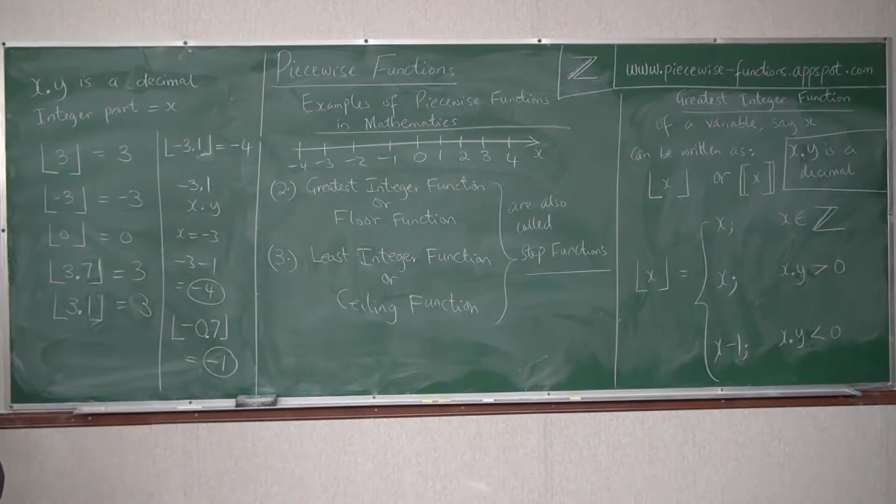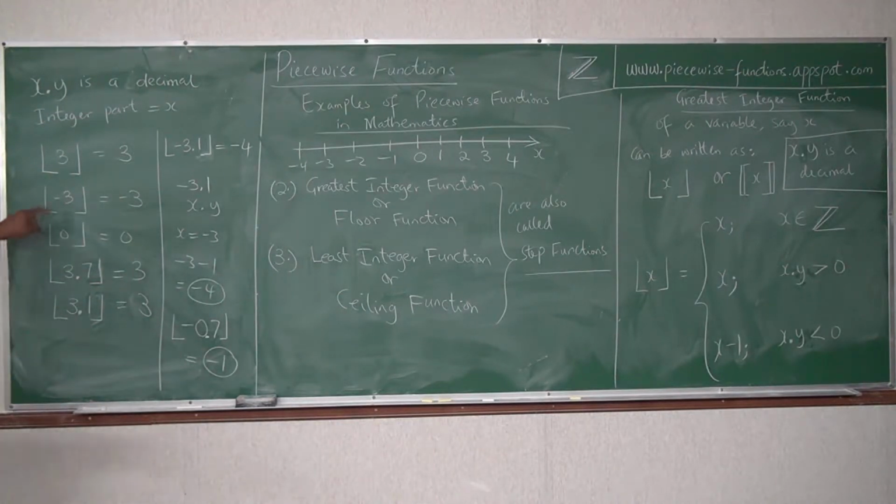That's it. What if you have -25.9? It will be -25 minus 1, -26.